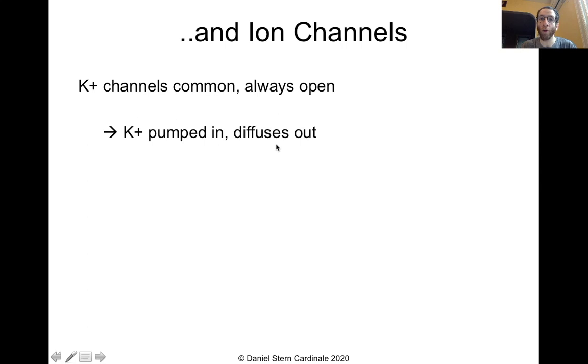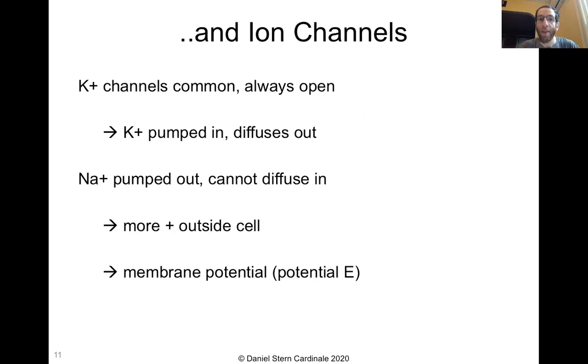So even though we're generating a potassium gradient, some of that gradient is constantly going to be discharged through these leaky potassium channels. Now in terms of sodium, that is going to be pumped out of the cell, but there are no leaky sodium channels. So once it's outside the cell, it's stuck there.